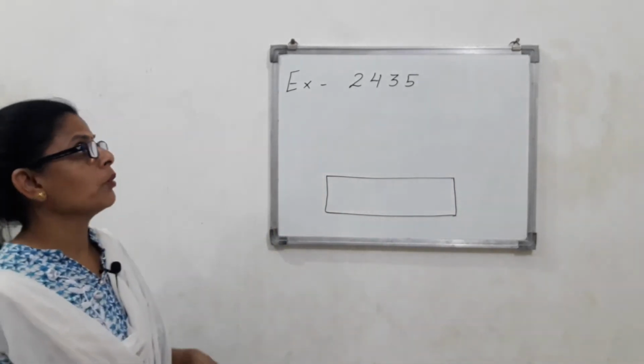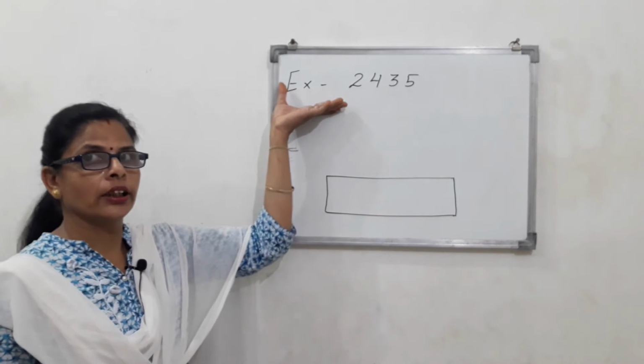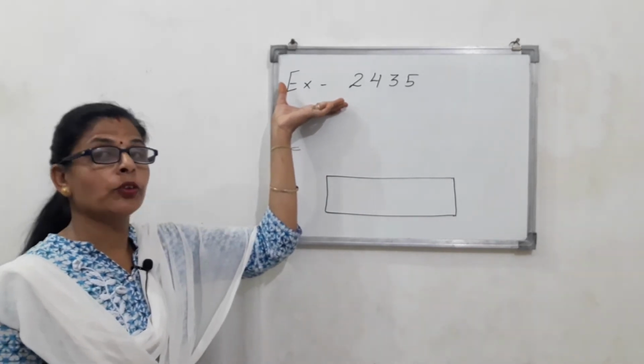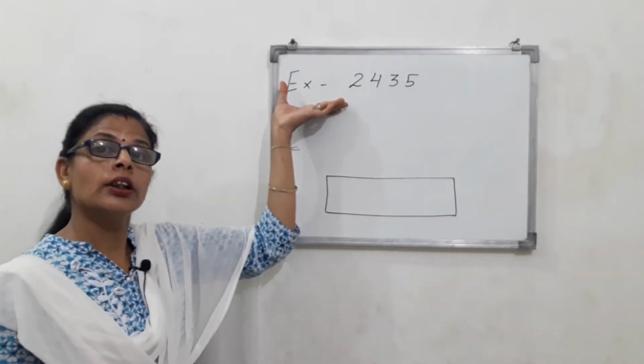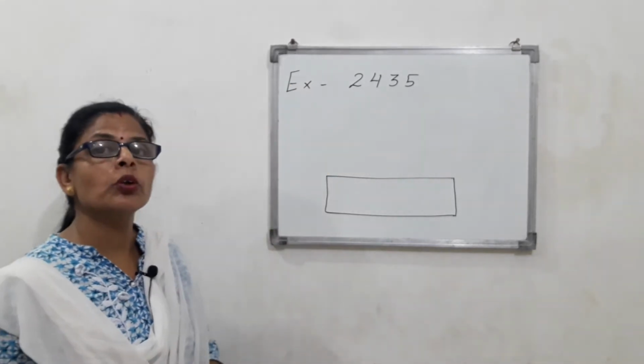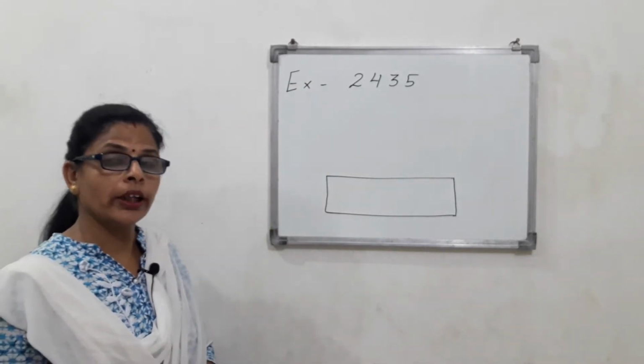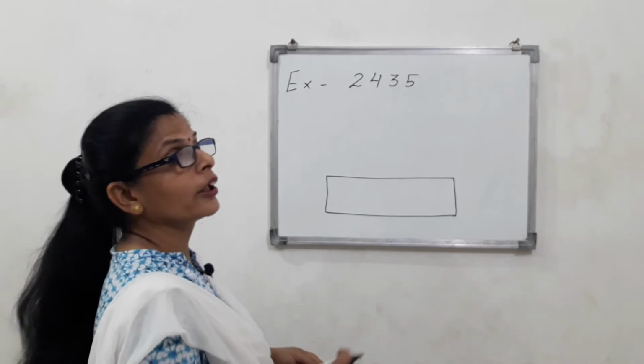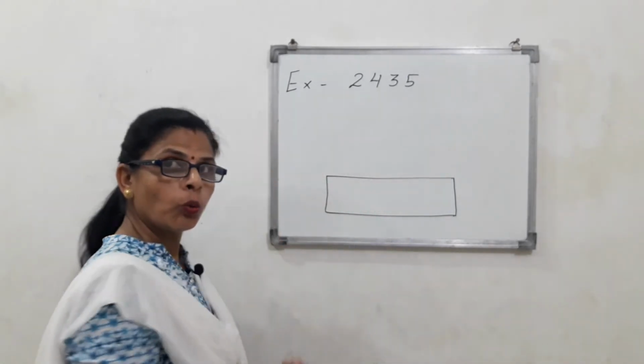Now, always remember how many digits are there? 4 digits. And all of you know the places also, right? We start writing the places from the ones place.